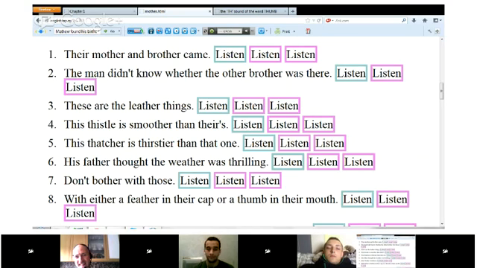Okay. The man didn't know whether the other brother was there. Yeah, with man you need to get a crispier a because it started to move. The man, I think it moved towards an air. So you know there are some native speakers in Africa, in South Africa, where they speak English. They have this merger, the man-men merger, and they will say the president is a black man.